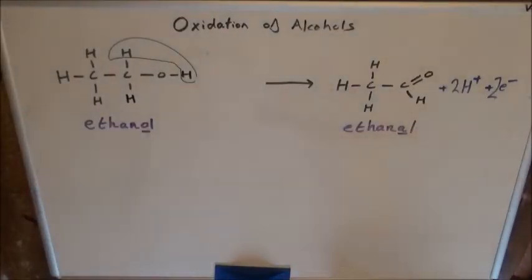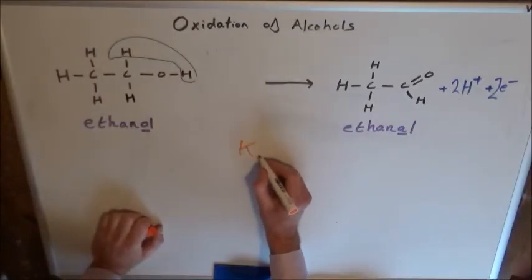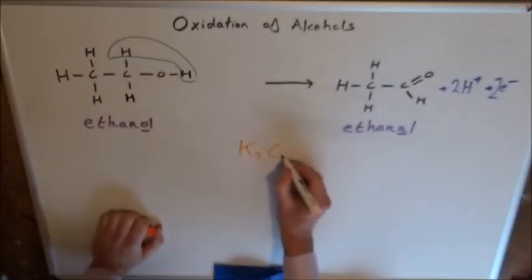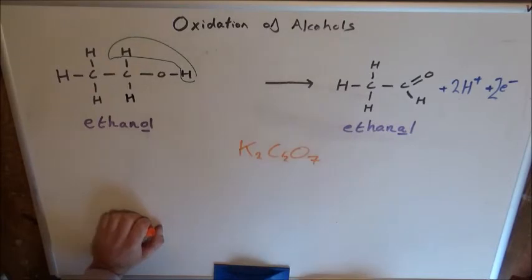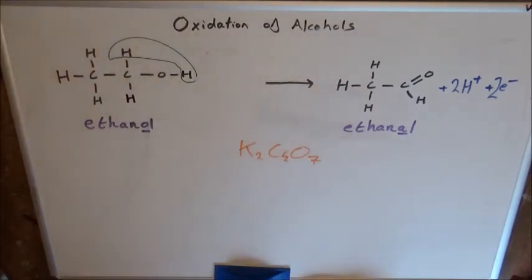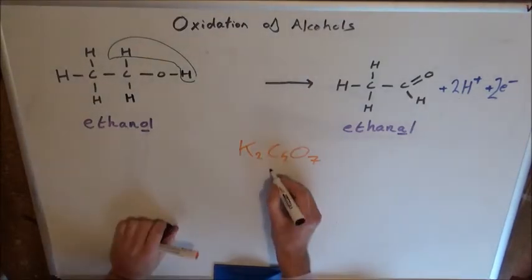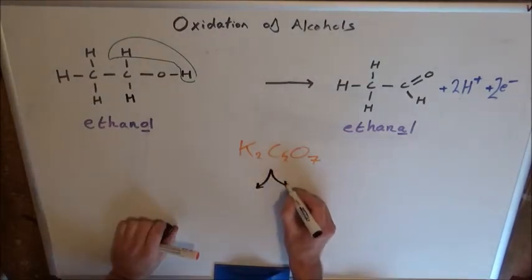So let's look in more detail at the dichromate(VI). Potassium dichromate(VI) then, K2Cr2O7. Remember, it has to be acidified. When that one dissolves in water, it dissociates into ions.